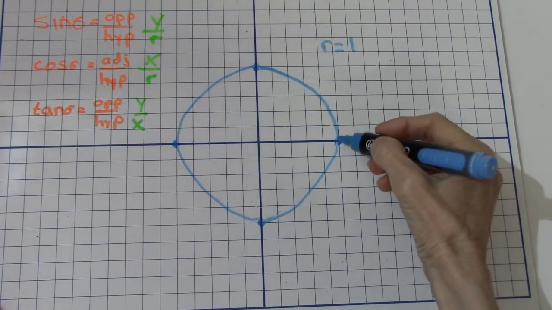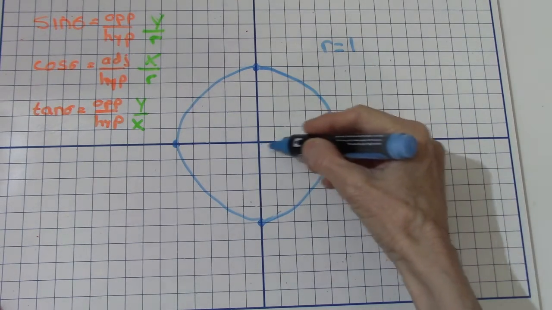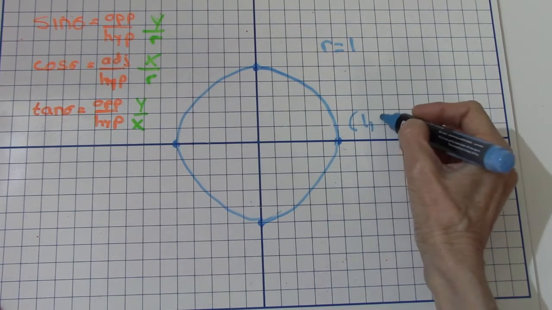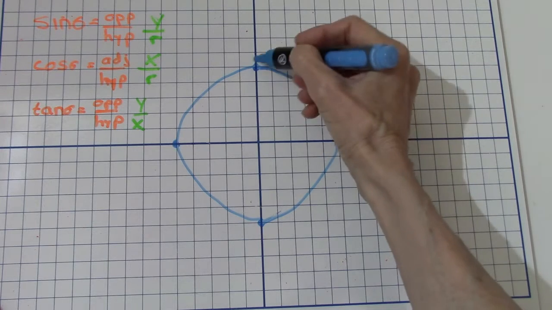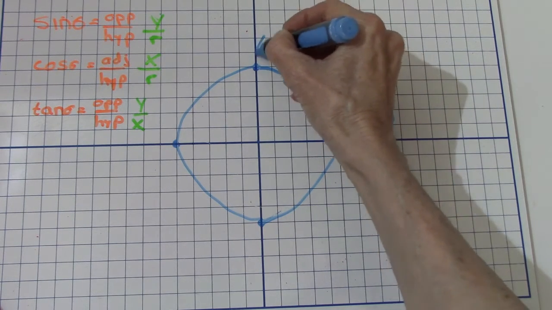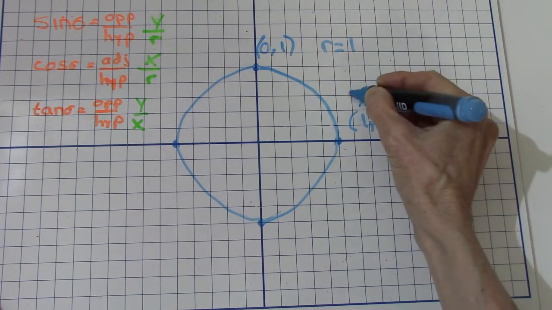Since this is 1, this point has the coordinates 1, 0. This one has the coordinates 0, 1. This is the x value, this is the y value.